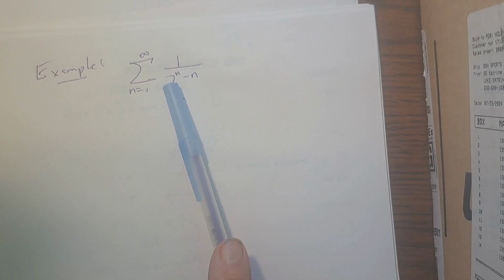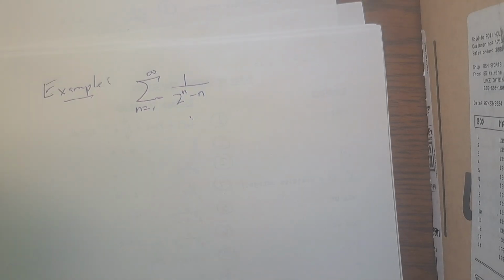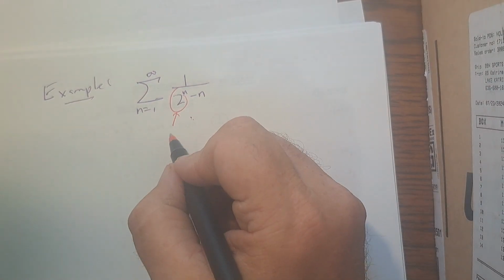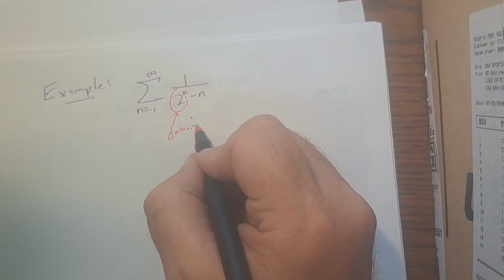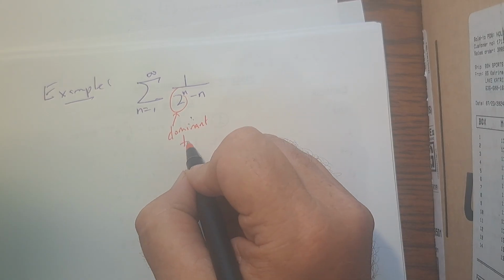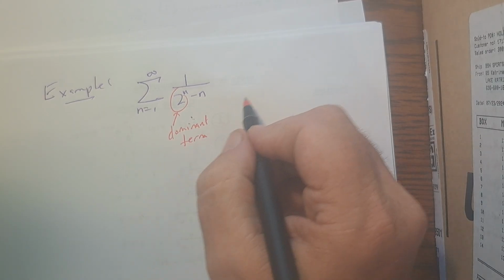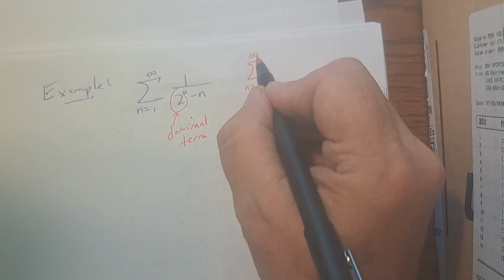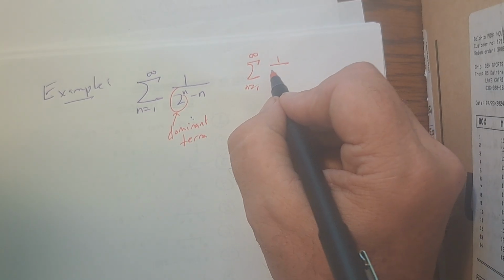So this gets bigger than that does, which means that this guy's the dominant term. So the thing to do is make a comparison to the one without that in there.